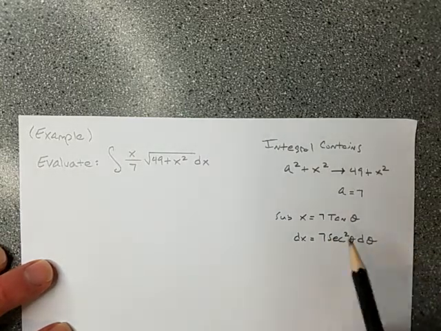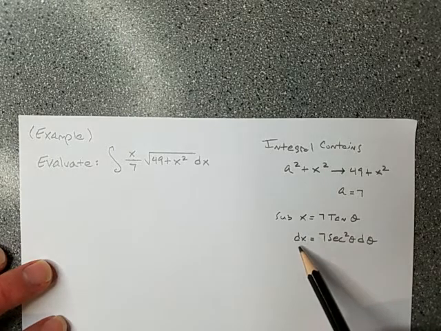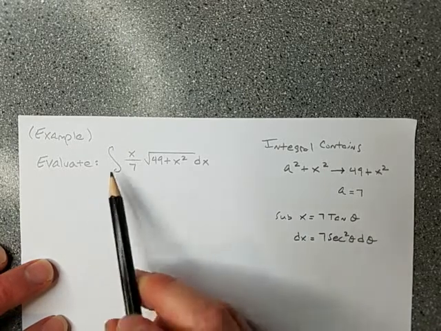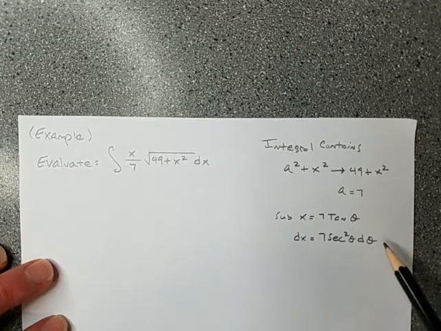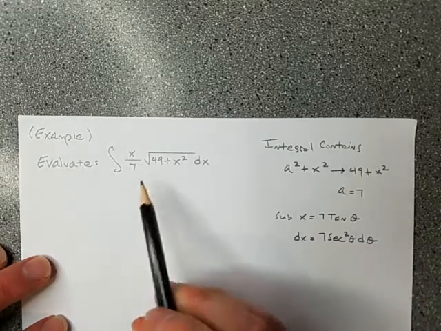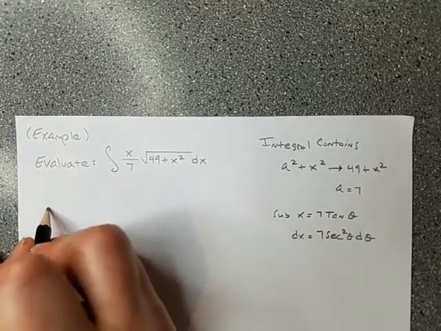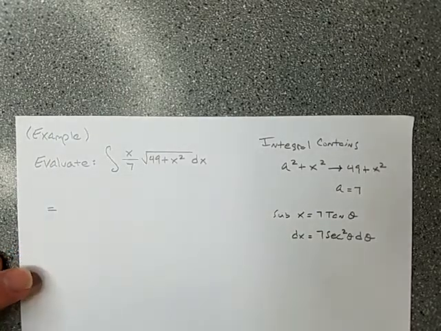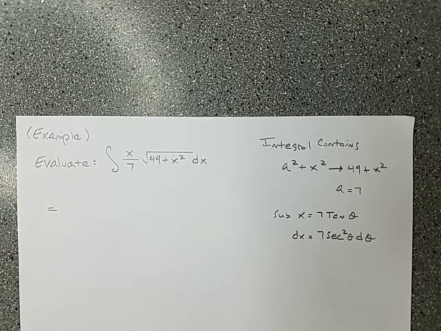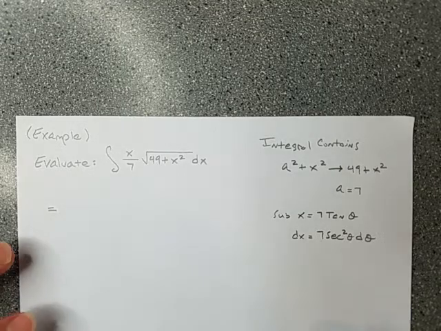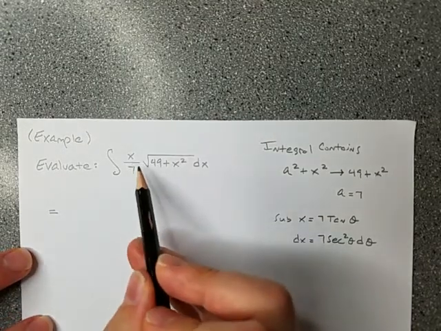So I'll substitute the x and the differential dx and put everything in terms of this new variable theta. I'll get stuff with theta in it and d theta. Okay, so say I make that substitution. That 7 is kind of bothering me right there.